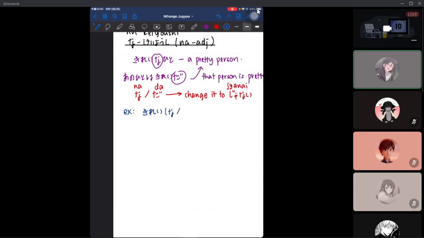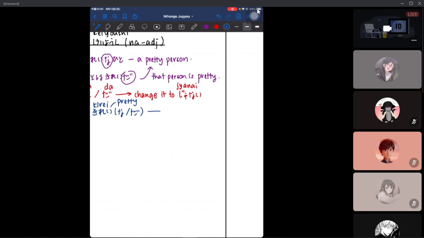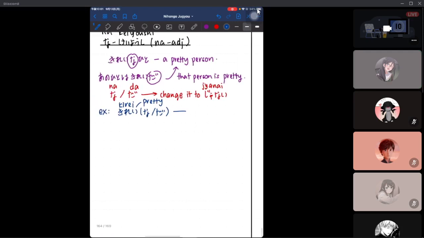It's either na or da, depending whether it's explaining a noun or at the end of a sentence. So what will it become? Kirei janai. So you basically change this one to janai.